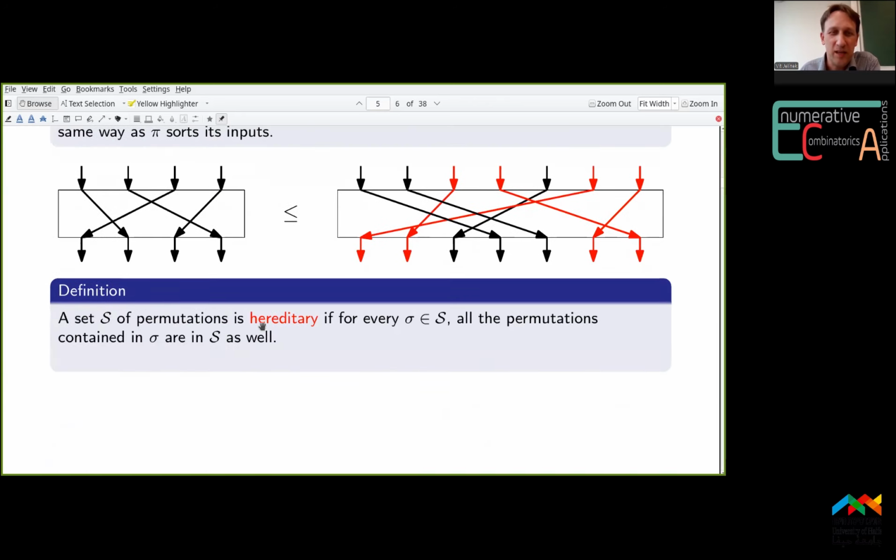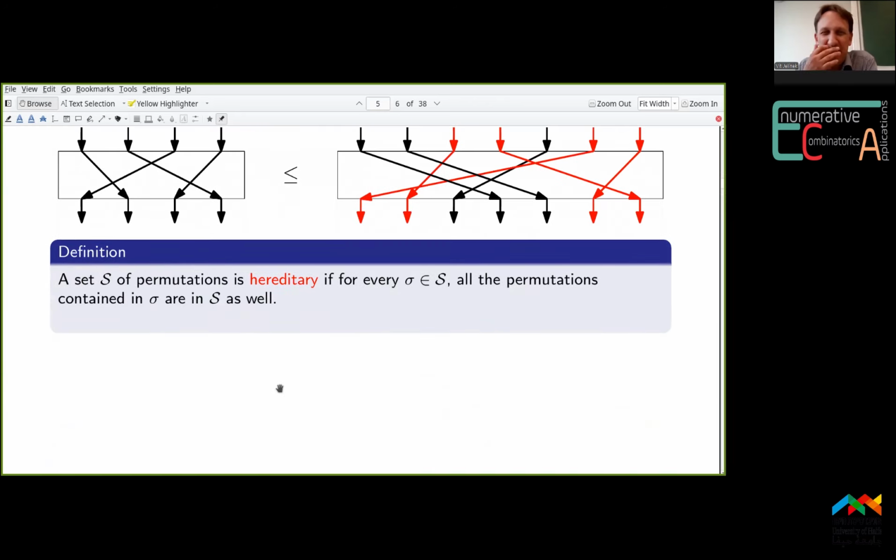And once I know what containment I'm considering, I can define what a hereditary set of permutations is. That's just a set which, for every permutation, also contains all permutations that are contained in it.